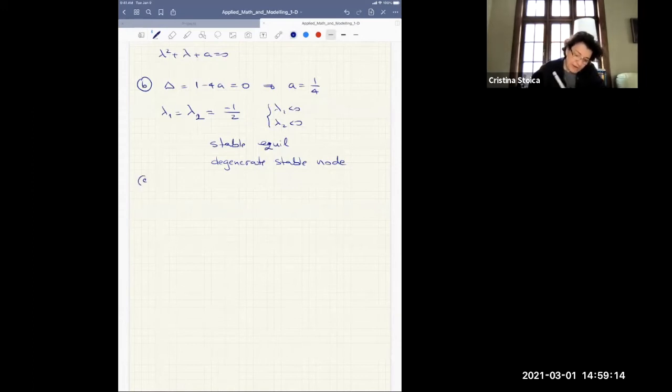And finally, when delta, which is 1 minus 4a, is negative, in other words, when a is greater than 1 over 4.